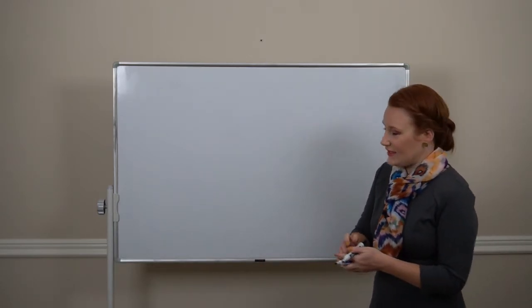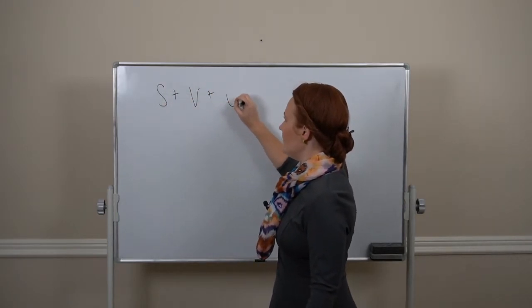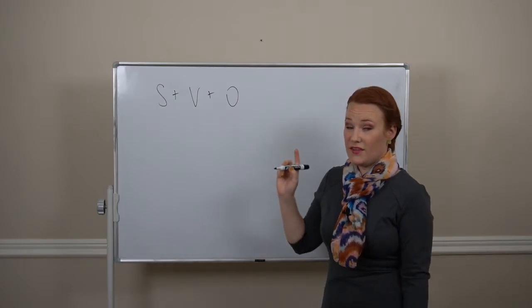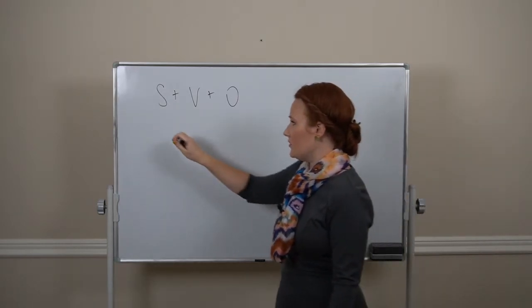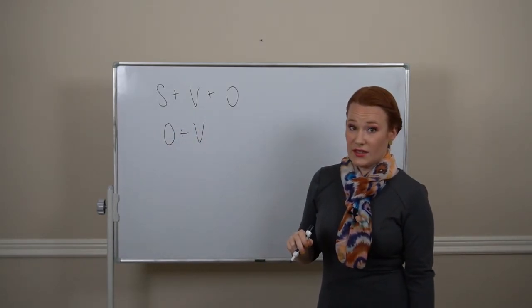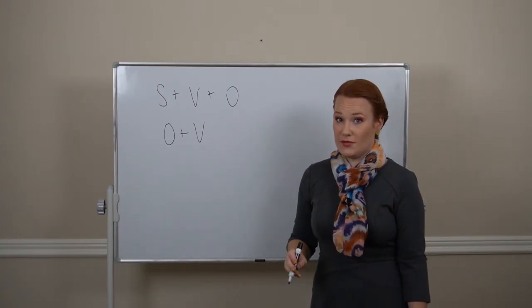In a normal sentence, we have subject, then the verb, then the object. With passive voice, we're going to put the object before the verb. All right. So in order to do this, we need to change the verb.